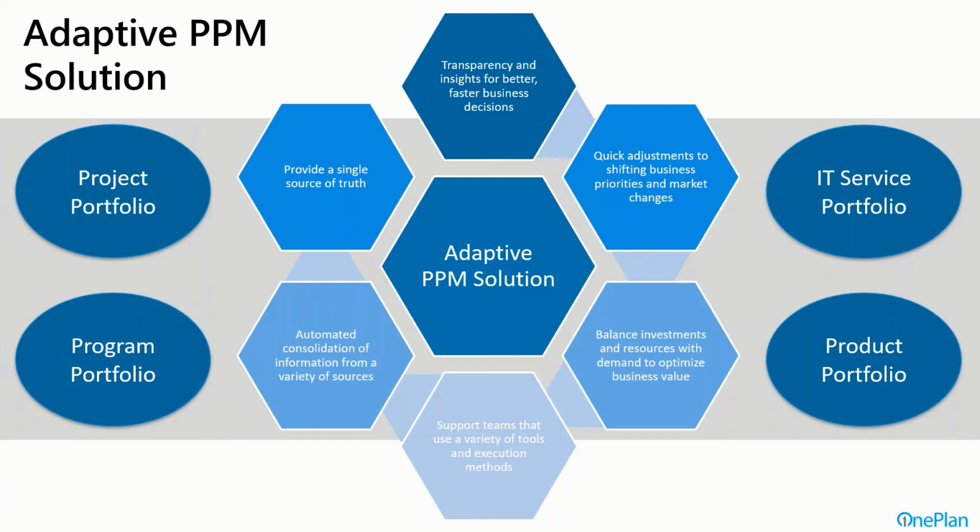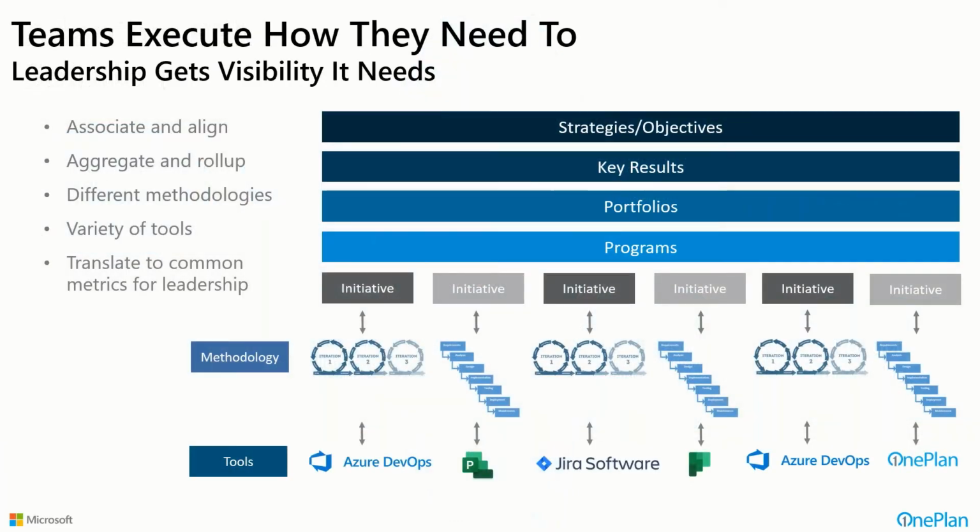And it might have to support teams that use a wide variety of tools, provide visibility across all of it, a single source of truth, and basically consolidate information maybe from a variety of different data sources, just to name a few of the things that adaptive might incorporate. So in this adaptive world, we're going to talk today about, in OnePlan, the idea of maybe using mixed methodologies, some projects, initiatives that may have more iterative approaches, some that may have more waterfall approaches, and they may be using different tools.